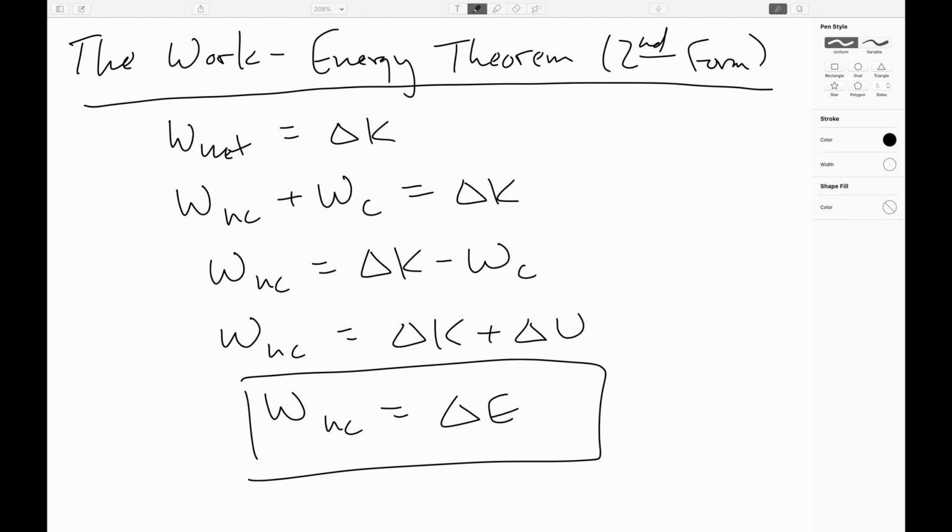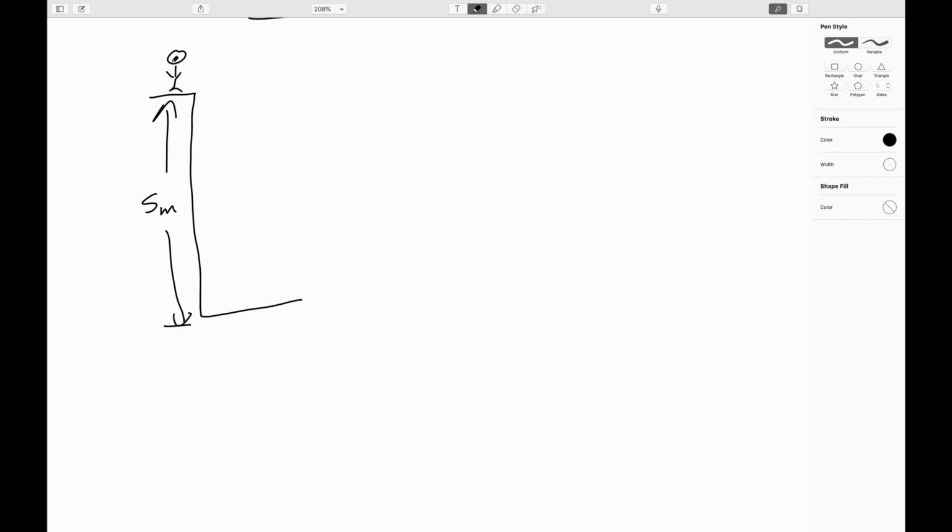So we'll start with going back to our friend throwing a rock off a cliff. So let's say that we have a 5-meter high cliff, like so. Here you are, about to throw a rock off the cliff, and you throw it horizontally at 10 meters per second.